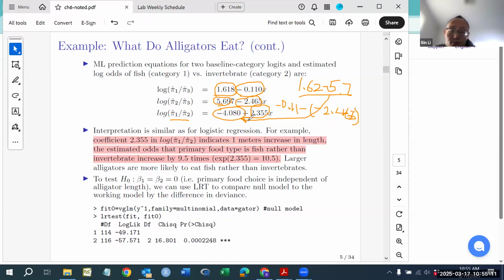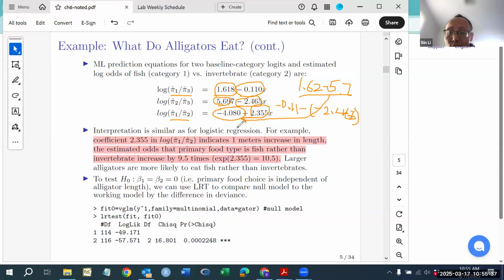Okay, so interpretation, how do we interpret the results? It's exactly the same as for the logistic regressions. Okay, so we can interpret using the odds or the odds ratios. Okay, and just make sure you use the right two groups.